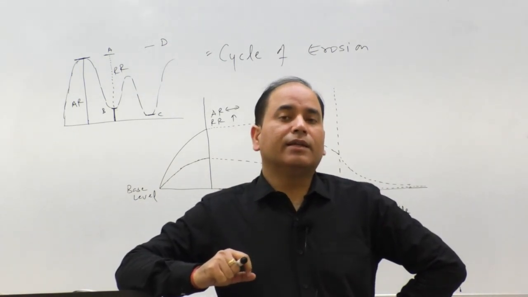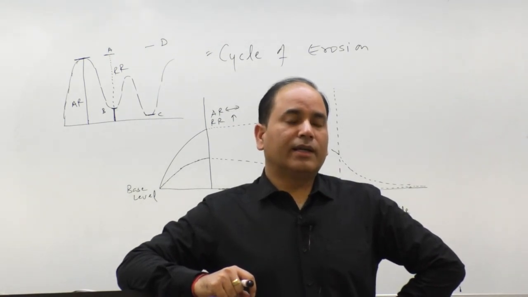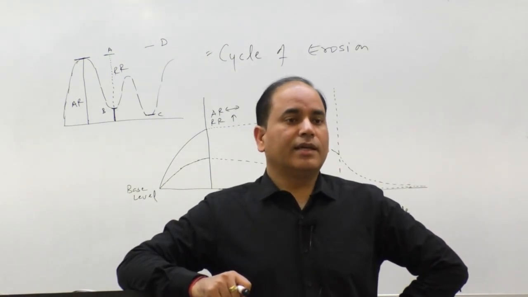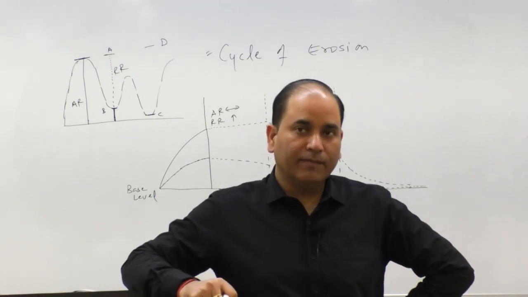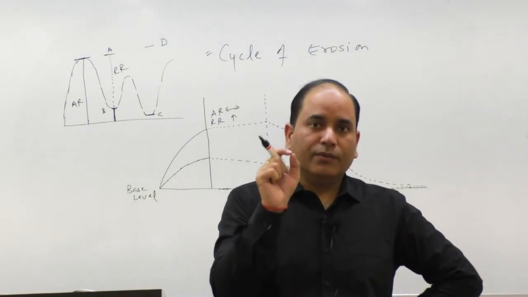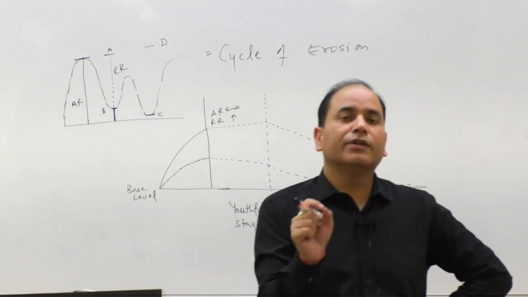So here the river will create landforms like waterfalls, gorges, canyons, V-shaped valleys, deep V-shaped valleys. So these V-shaped valleys are features particularly of the youthful stage.